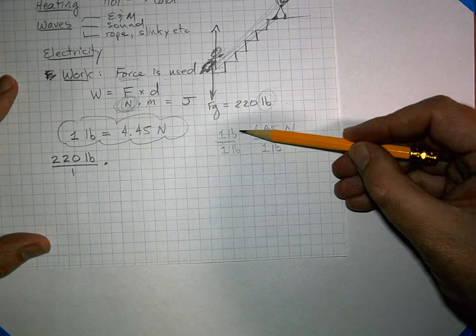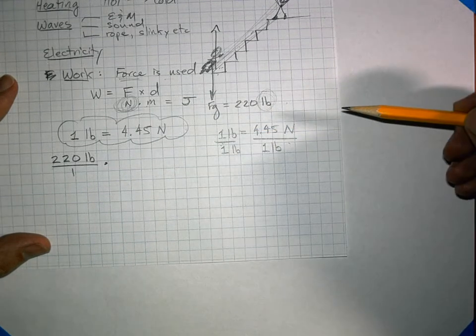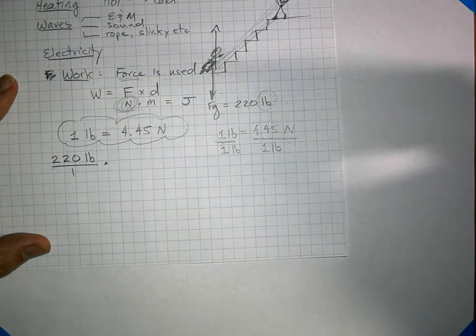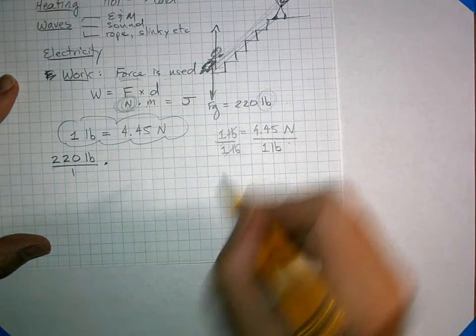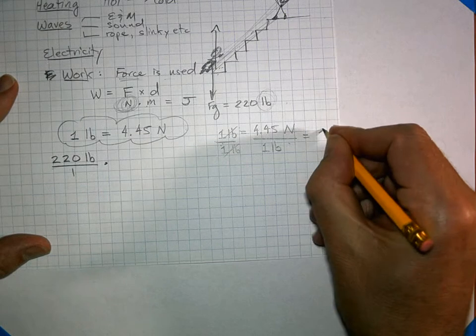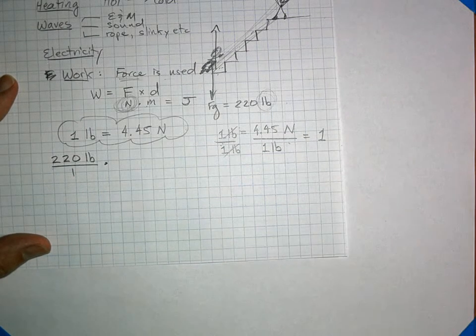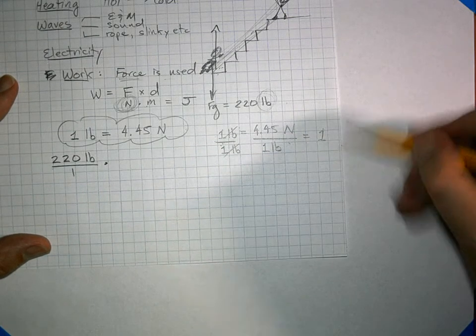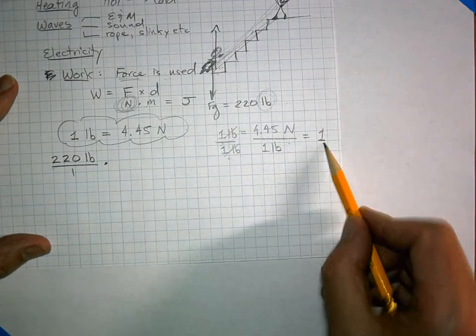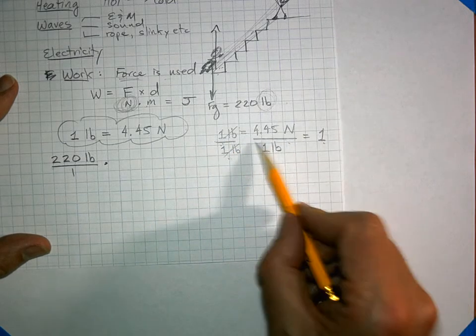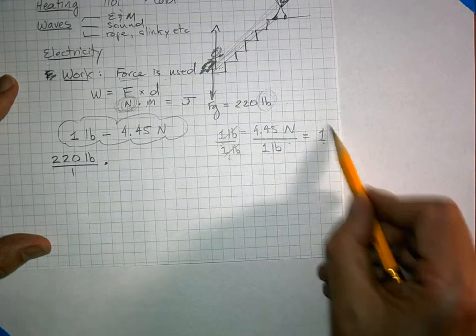Now, what is 1 pound divided by 1 pound? Well, what is anything divided by itself? It's 1. So 1 pound cancels 1 pound. This is equal to 1. Just 1. No units. And so we have 4.45 newtons divided by 1 pound is equal to 1.